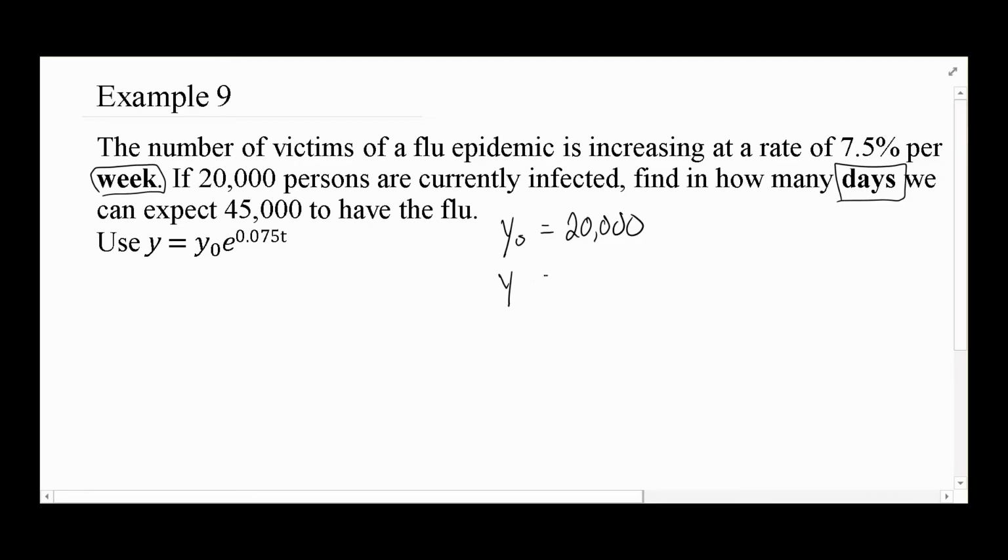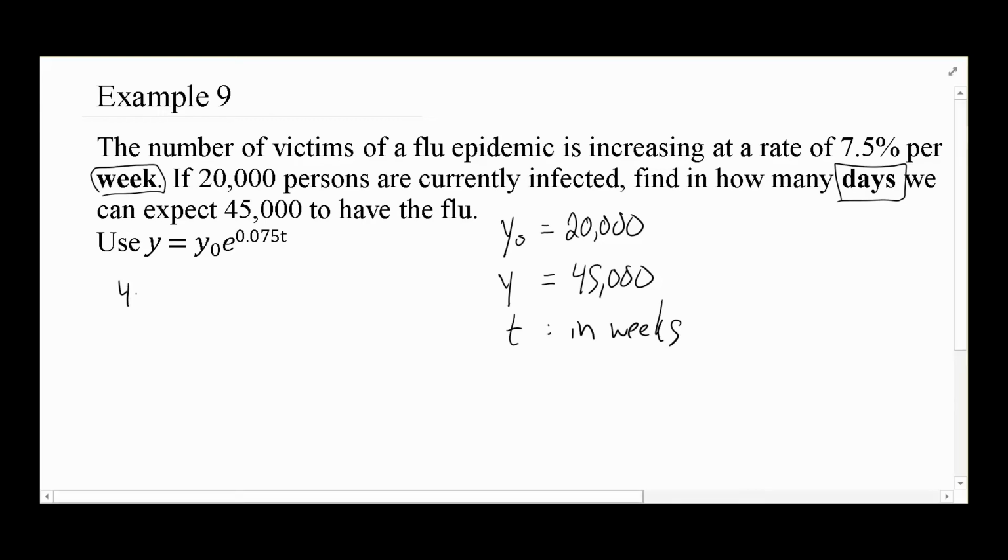Our future value of y is how much we ended up with, which was 45,000. Our t is unknown, but t is going to be in weeks when we calculate it. So to answer the question, we're going to have to figure out how many days and have to multiply by 7. So we just got to be careful there.